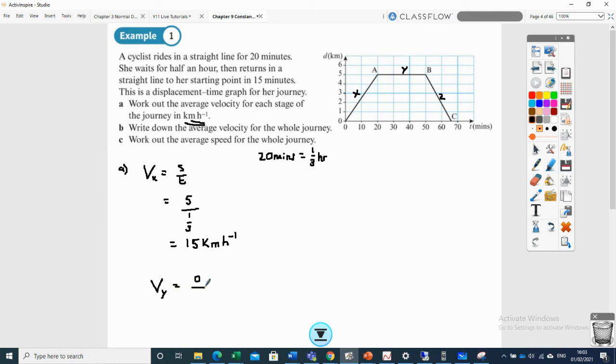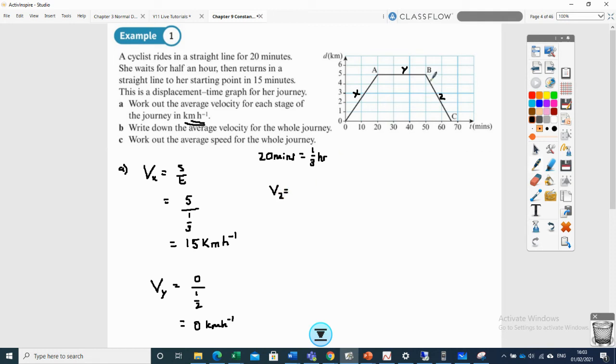So it's 0 over how long has he been doing it for? Half an hour, 30 minutes, divided by half. 0 divided by half is going to be 0 kilometers per hour. It is stationary.